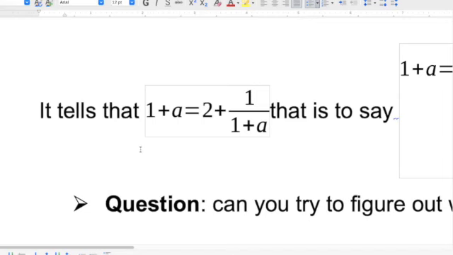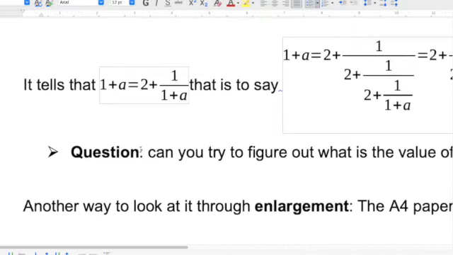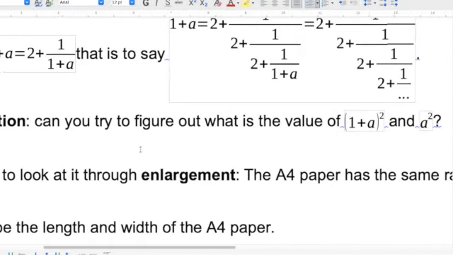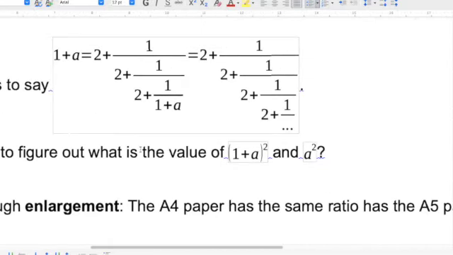When 1 plus a is equal to 2 plus 1 over 1 plus a, is that enough to define a? And yes, it is. You multiply everything by 1 plus a, and you end up with a squared equal to 2. So a is actually the ratio of the paper, the square root of 2.